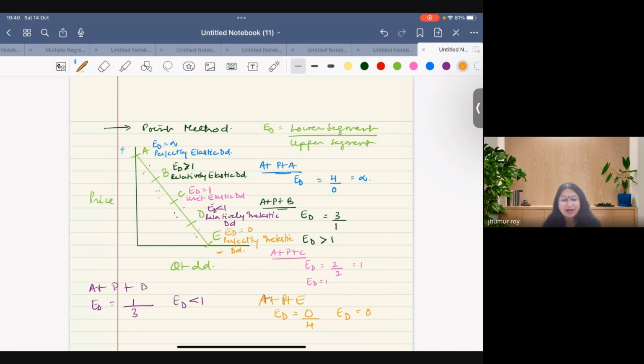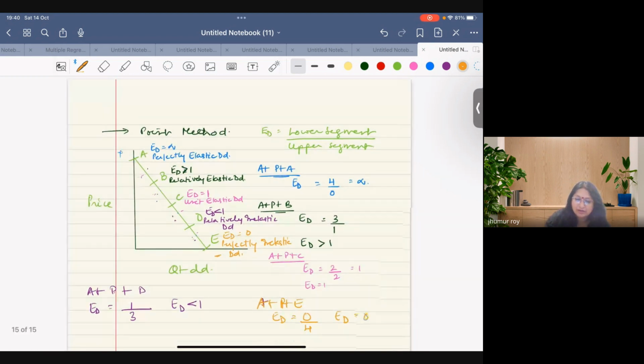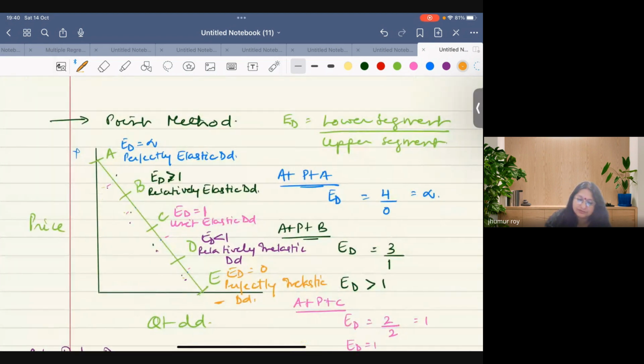Here, if you see, there are different points that we are talking about. At point A, we have perfectly elastic demand. At point B, relatively elastic demand. At point C, unit elastic demand. At point D, relatively inelastic demand.